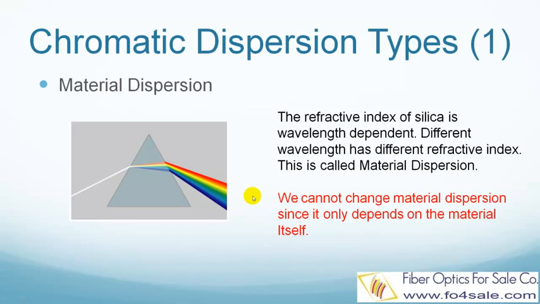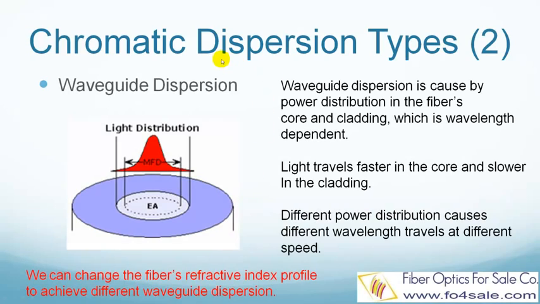The second type is called waveguide dispersion. To understand waveguide dispersion, we need to know that light pulse travels partly in the core and partly in the cladding of the fiber. Light travels slower in the core and faster in the cladding. The overall speed depends on the proportion of power that is distributed in the core and cladding.